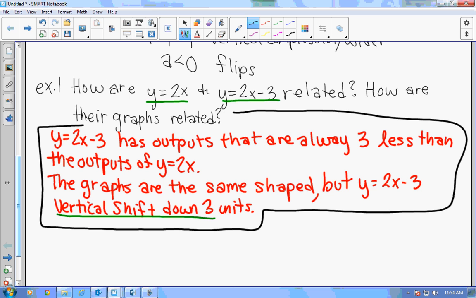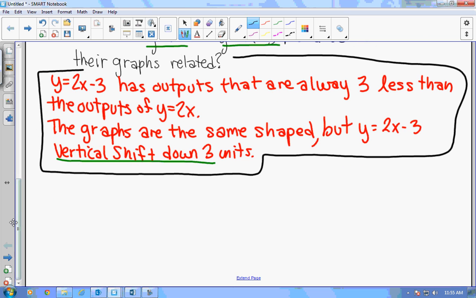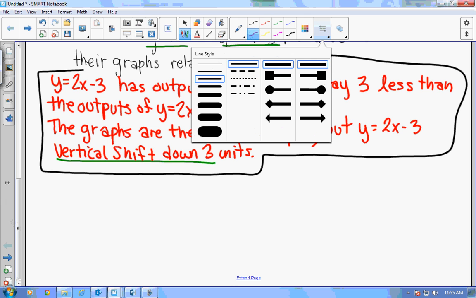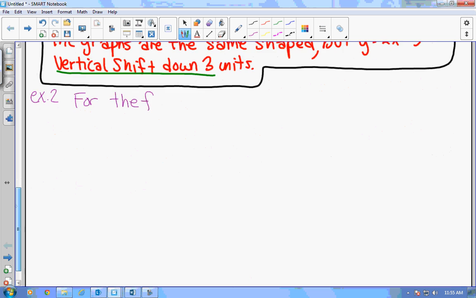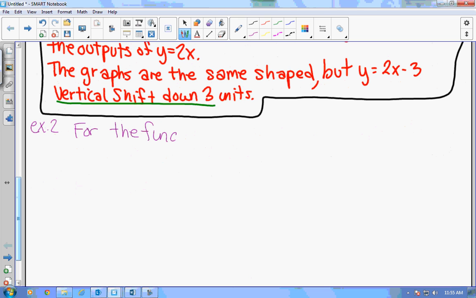Okay, another one. Example 2. For the function y equals x minus 4 all squared, identify the translation from the parent function.